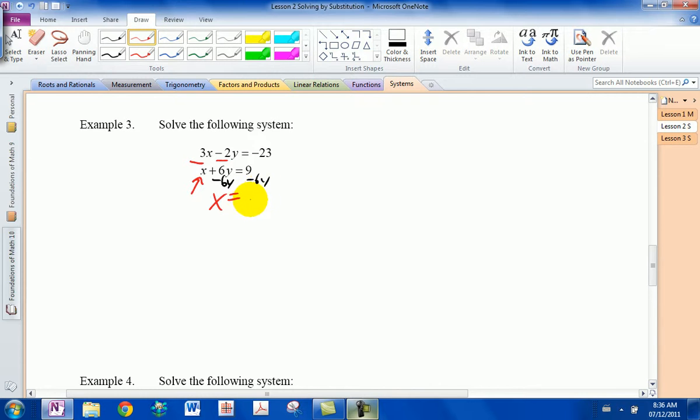So you could write this as, now if we're going to graph this, we might write it as minus 6y plus 9. But we're not going to graph it, are we? So what's an easier way to write it? Yeah, 9 minus 6y. Okay, then you don't have that negative sign up front, which sometimes can be a hassle. Now what's the next step, Priya?